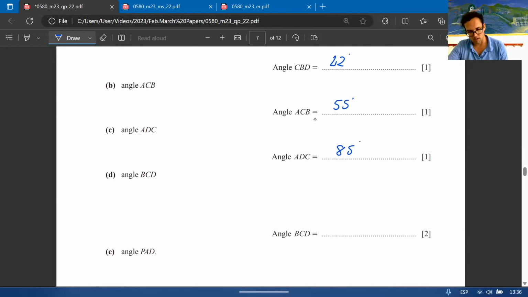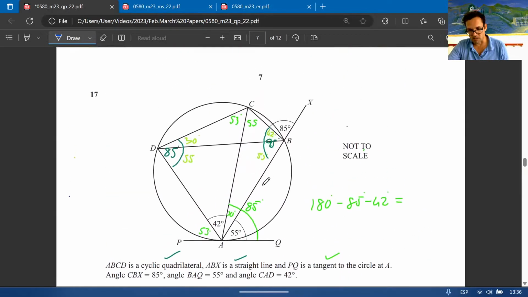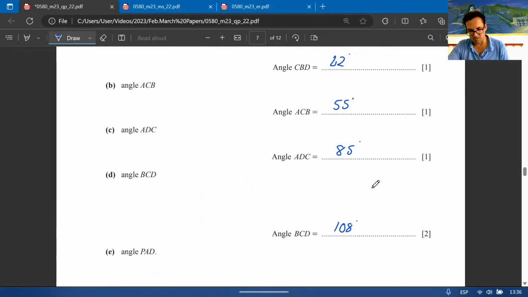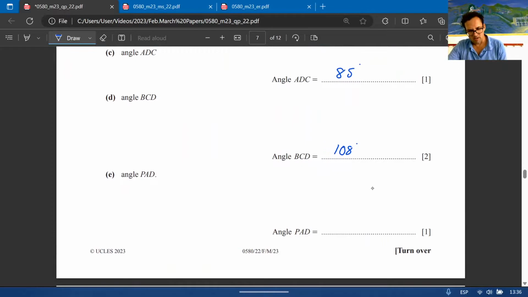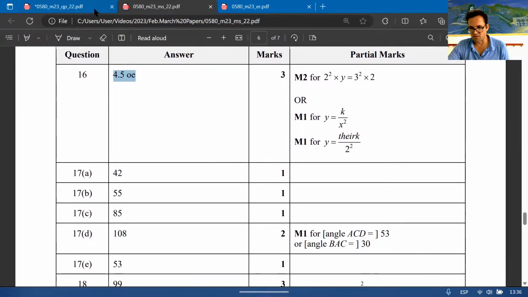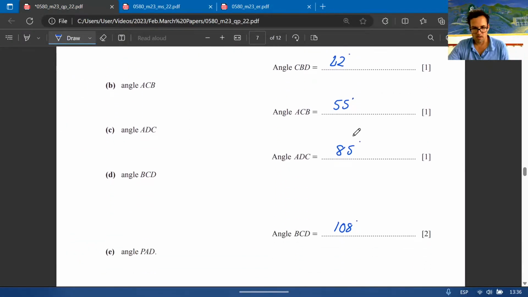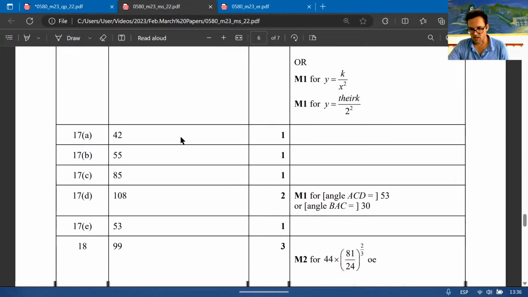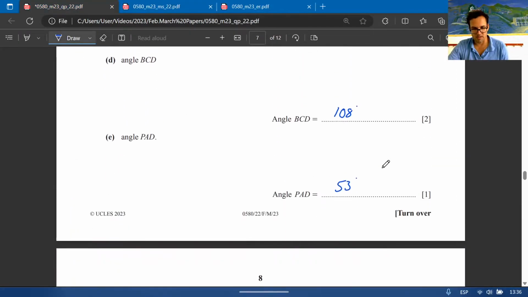What are you up to here? 100. You get 2 marks for this one. And PAD, we had that one, 53. See, without even looking at the questions, just by seeing what you can find, creates miracles. 42, 55, 85, 108, 53.